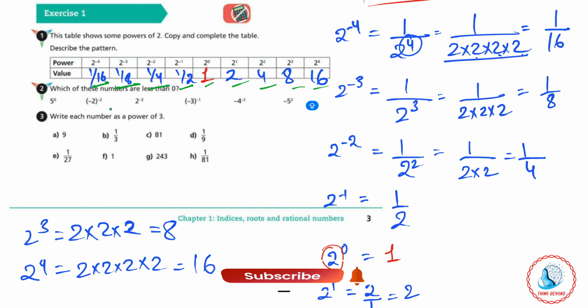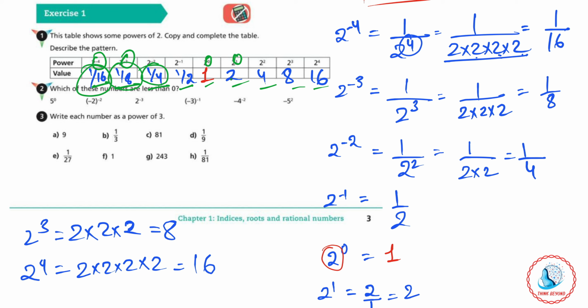The pattern is that as the power increases by 1, the value doubles, right? Power increased by 1, the value got doubled, as you can see here.